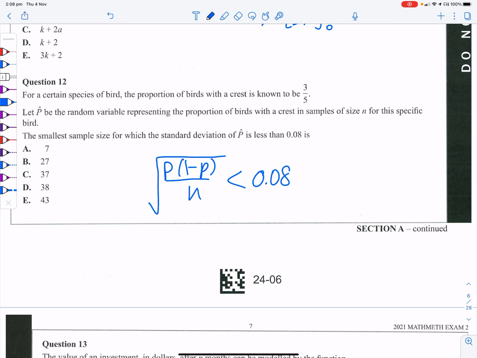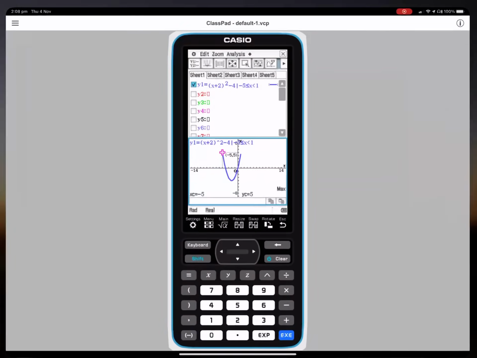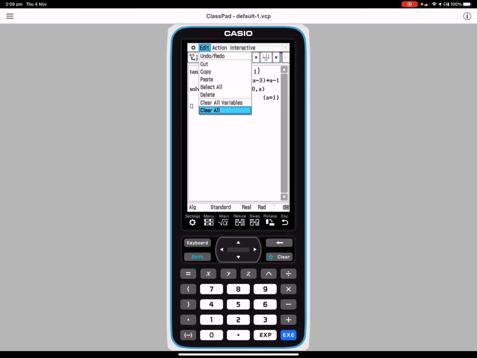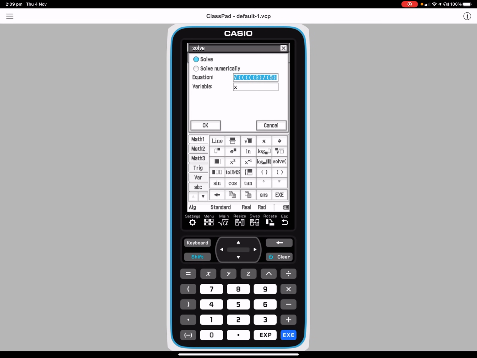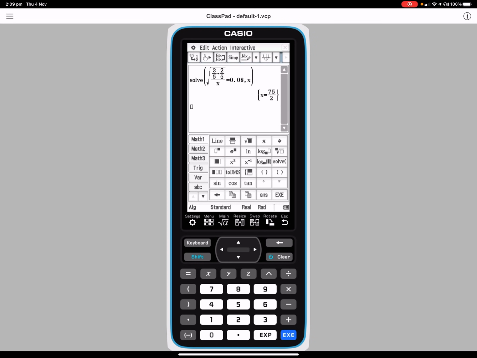Okay, so 3/5, 2/5, the square root of 3/5 times 2/5 over n. If I let it equal 0.08, we get 37.5.